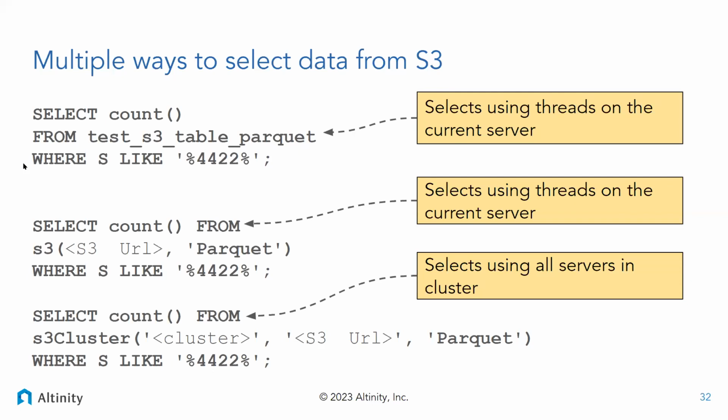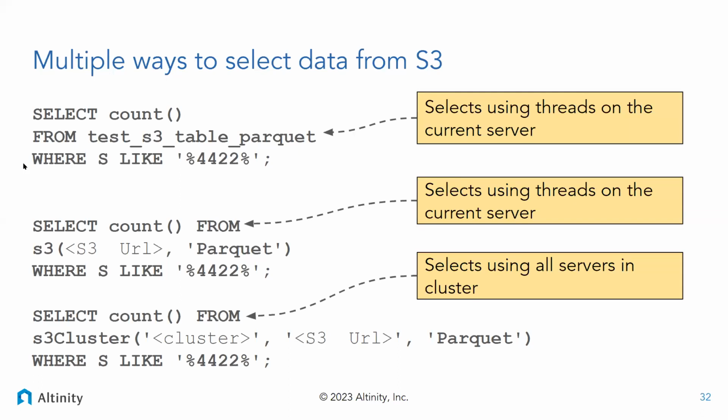And these are examples that we see right here. But what we can do actually is the second example, where we're not selecting from the table, we're selecting from the S3 table function. This is a really powerful table function. We give it a URL, we say that it's Parquet, and what it's going to do is just like building a table on the fly, and we'll be able to pull the stuff off.